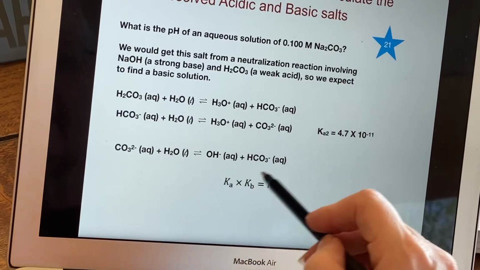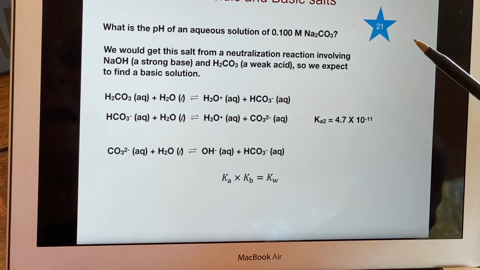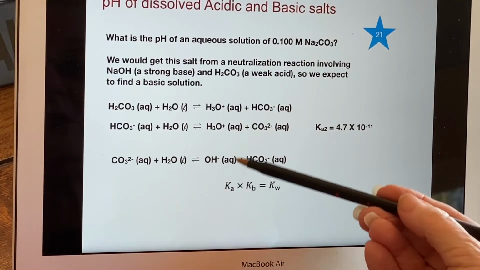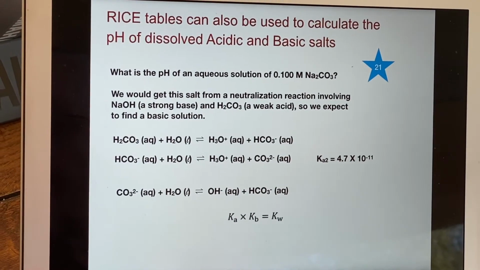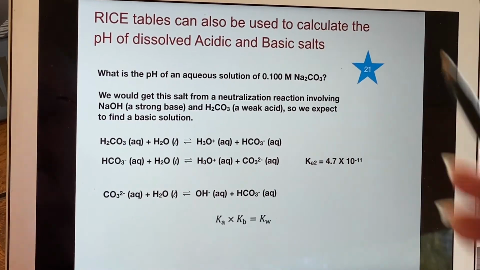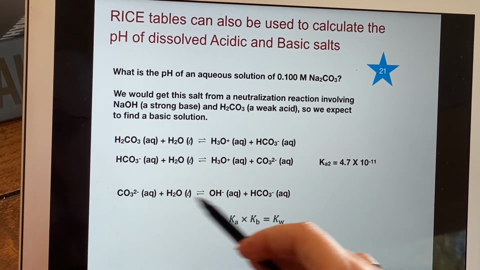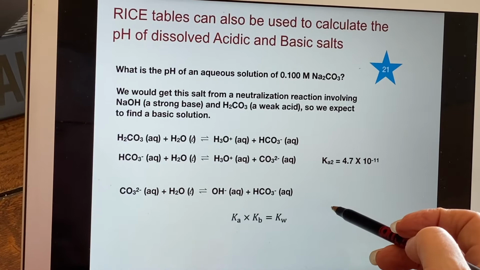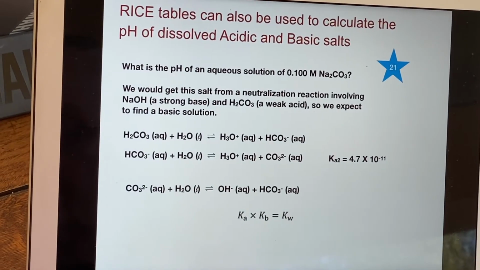We reorganize it to look like this because we expect this whole thing to end up being a basic solution, and we're trying to find an OH minus. But they gave us a Ka value. This isn't a Ka, it's a Kb, right? I really need a Kb.